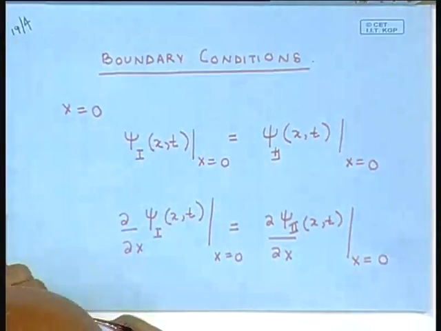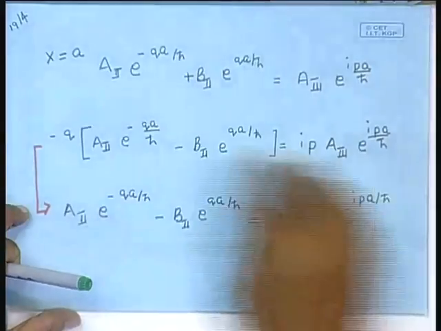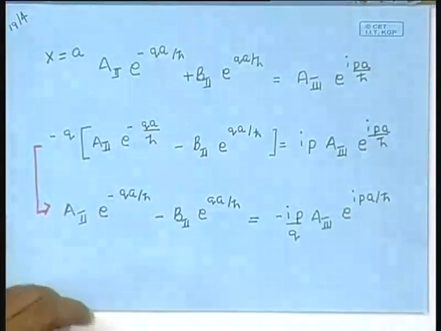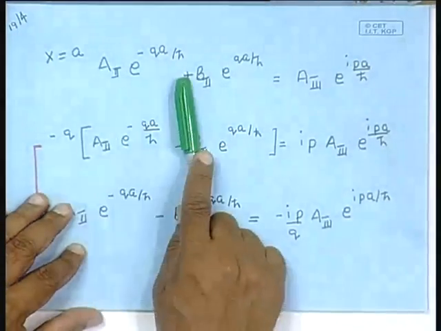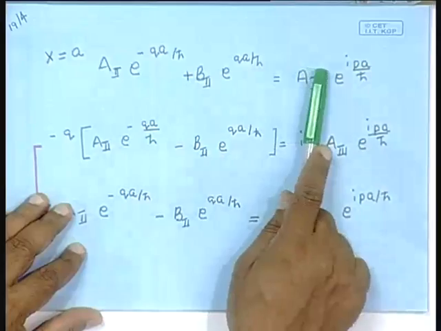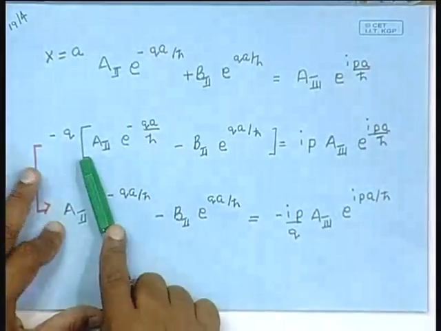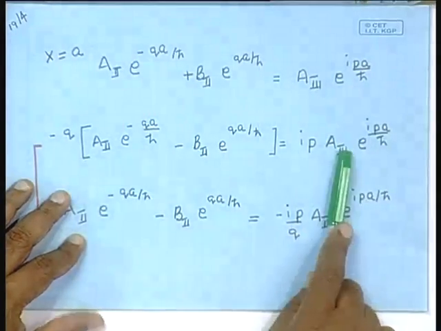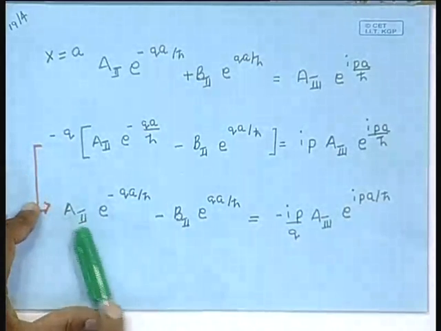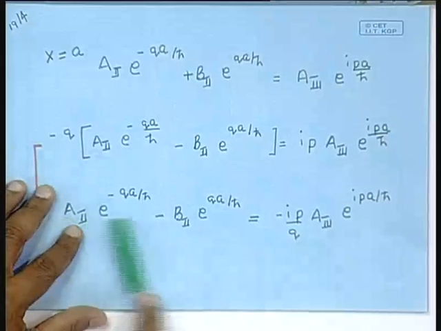Similarly, if we consider the boundary at x equal to a, the continuity of the wave function across the boundary gives us this relation, the continuity of the first derivative across the boundary gives us this relation, which again we have simplified and written over here.